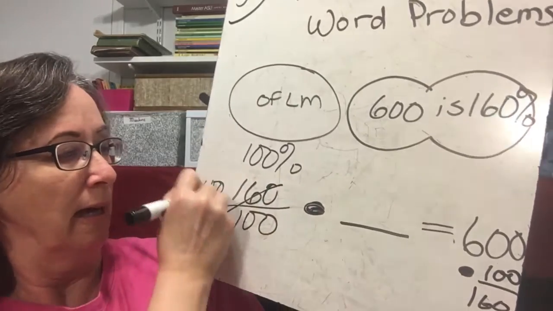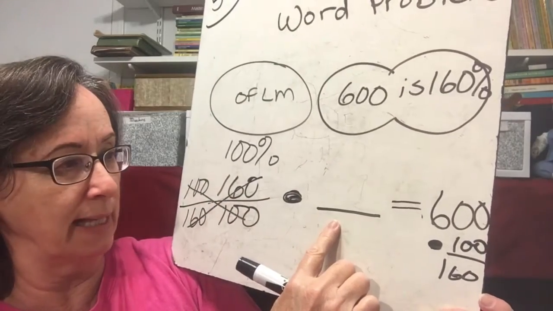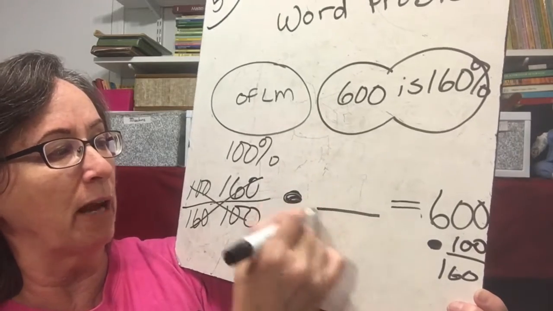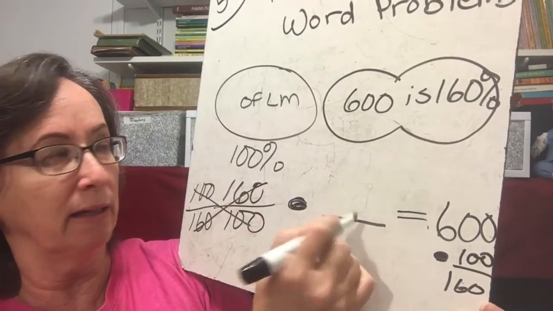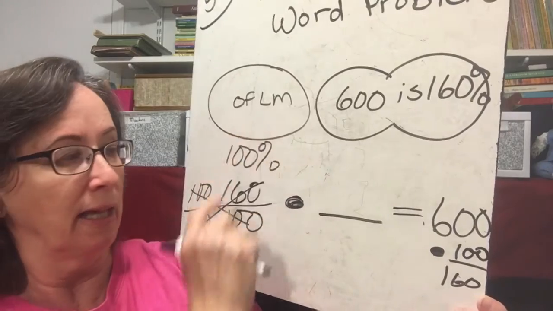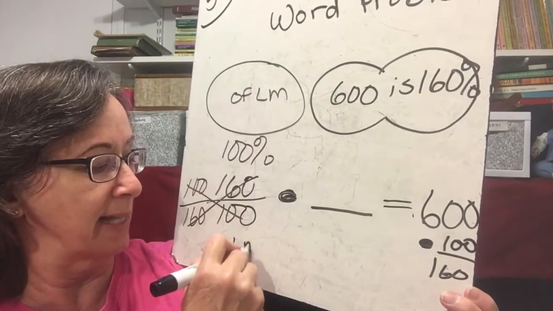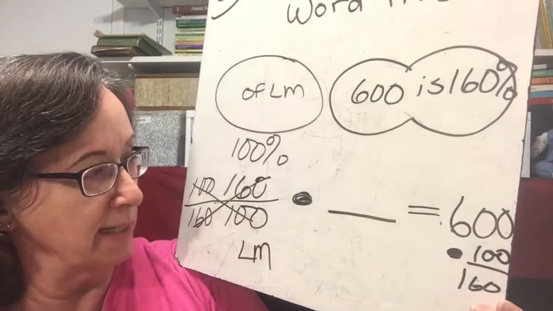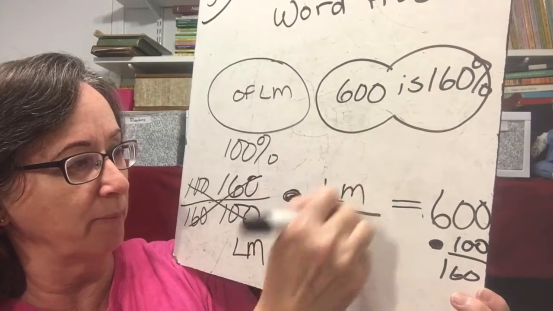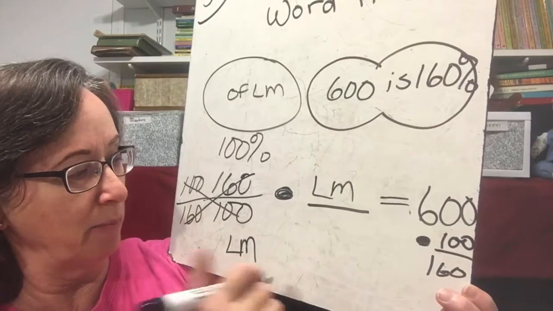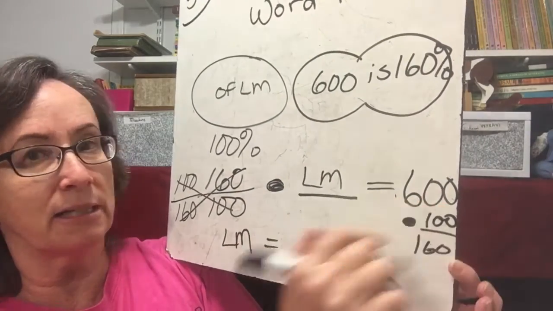Because I want to find out what this is. So I'm going to have to multiply on both sides by the reciprocal. So now my unknown quantity, we can go ahead and call that LM because that's the last month raisins here. Okay, so LM equals, so now let's do our math over here.